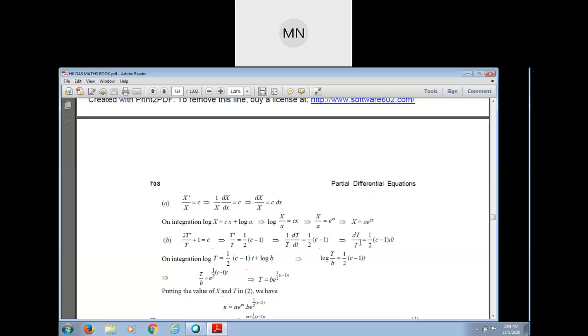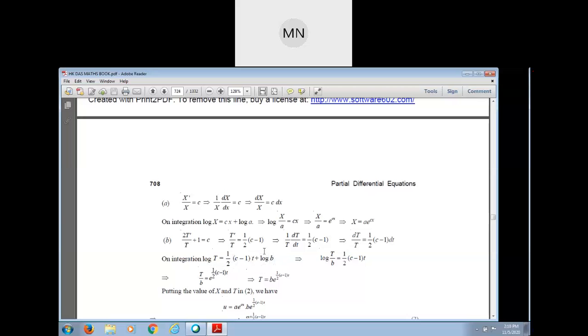So it comes in the outside, then value will be what? Plus log b. Integration of dt. So it comes as what? T, small t. After integrating, we get log T equals to half of c minus 1 into small t plus log b. Log b is nothing else, it is constant.